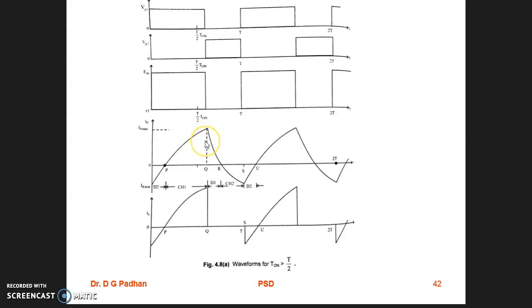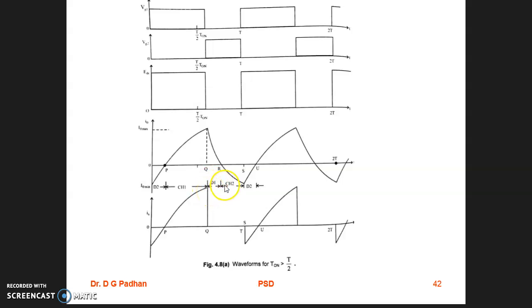The energy stored in the inductance forces the current to flow through D1 immediately after chopper 1 is turned off. The gate signal is given to chopper 2, but it does not come to the on state as D1 is still conducting.